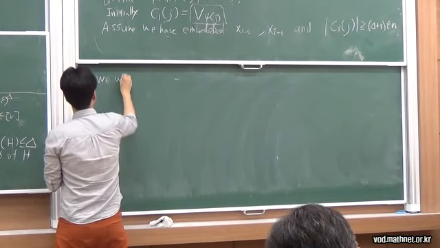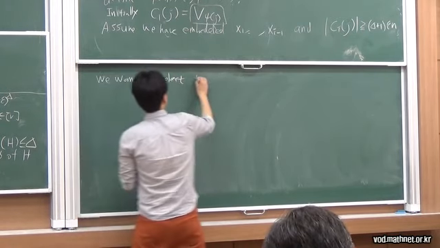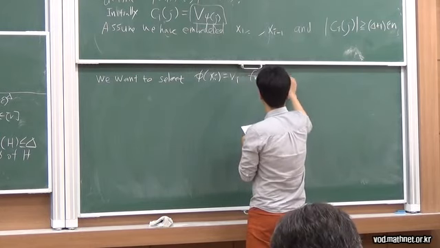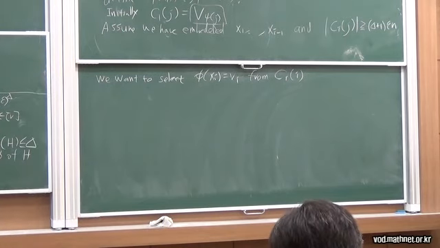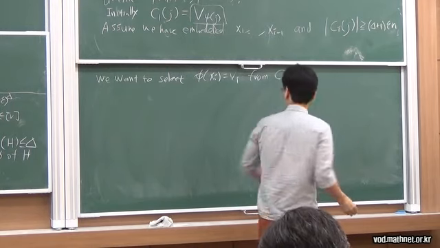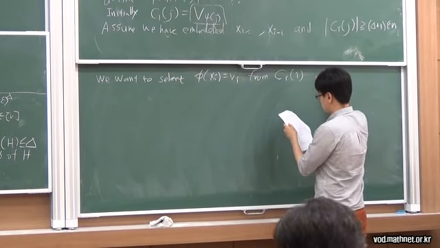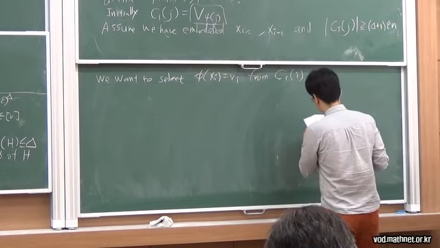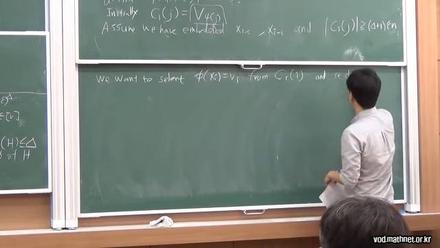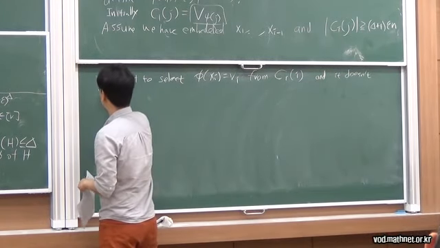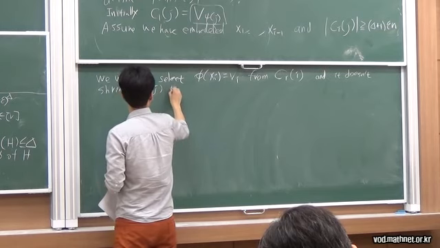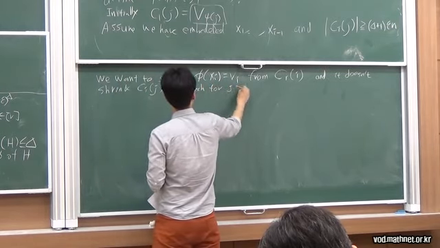We want to select the image of Xi, which is Bi, and it should be inside its candidate set, the candidate set of Xi, and it doesn't shrink C sub i j too much for j bigger than i.